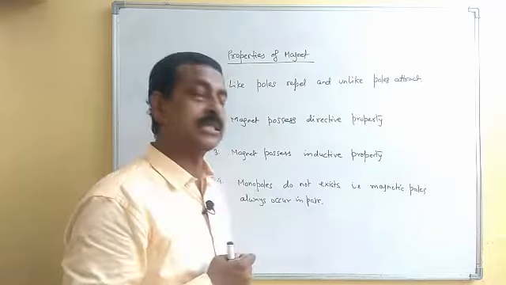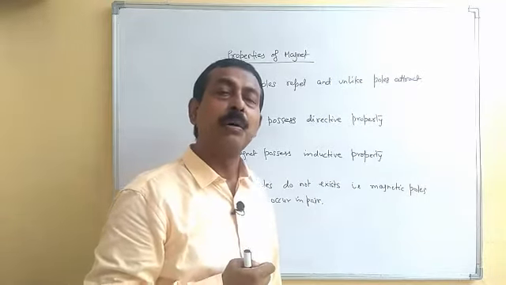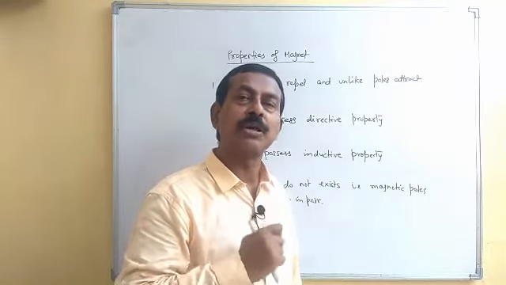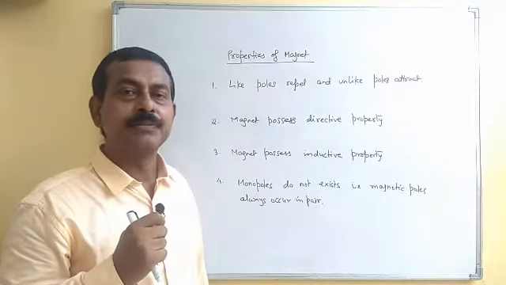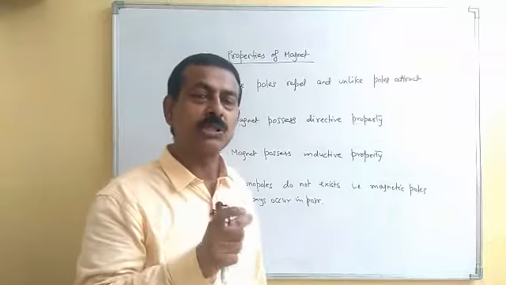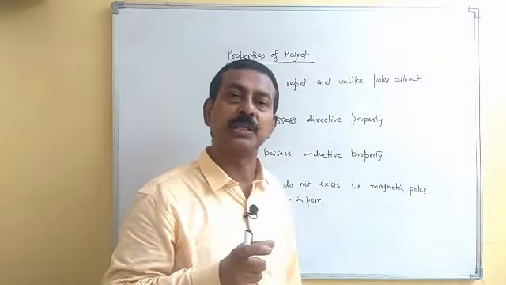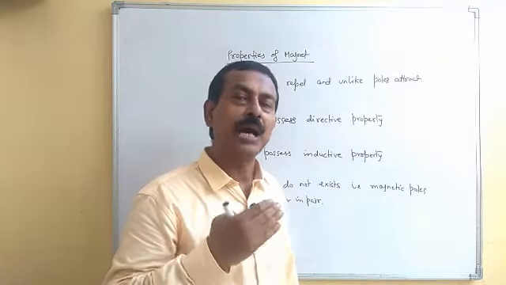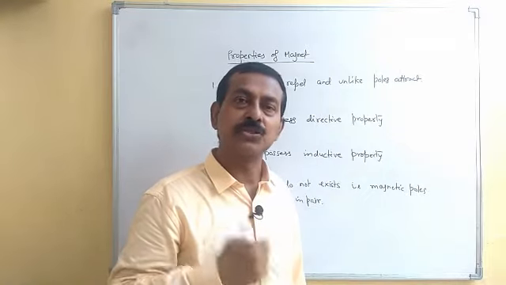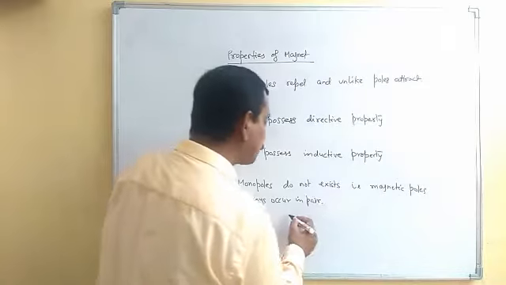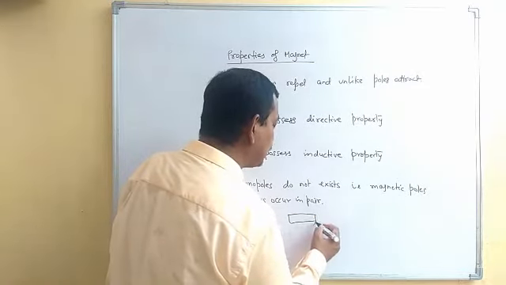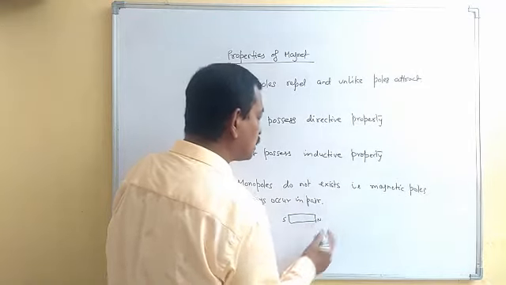Monopoles do not exist, or magnetic poles always occur in pairs. That means if you have a magnet, then it will have the north and south pole both occurring together. You cannot have isolated north pole or isolated south pole. Suppose you have a magnet, this is the south pole, this is the north pole.